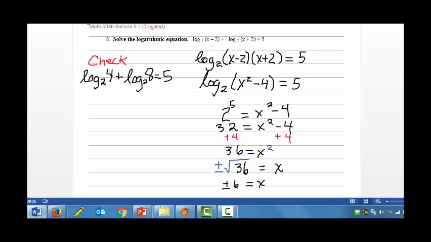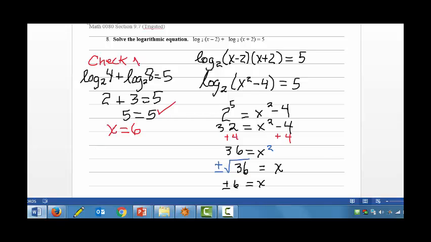Well, the base 2 log of 4 is the exponent I apply to 2 to get 4. That's 2. The base 2 log of 8 is the exponent I apply to 2 to get 8. That's 3. 2 plus 3 is 5. So we see that that actually works. This tells me that x does indeed equal 6.